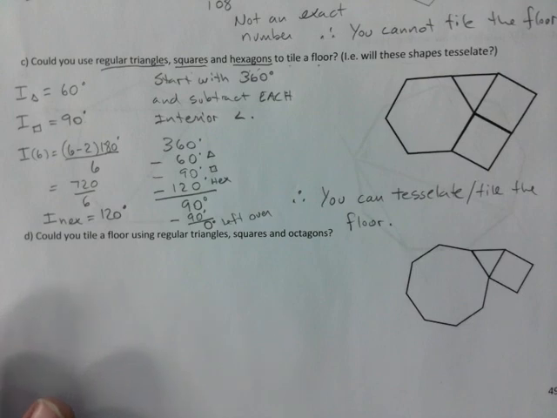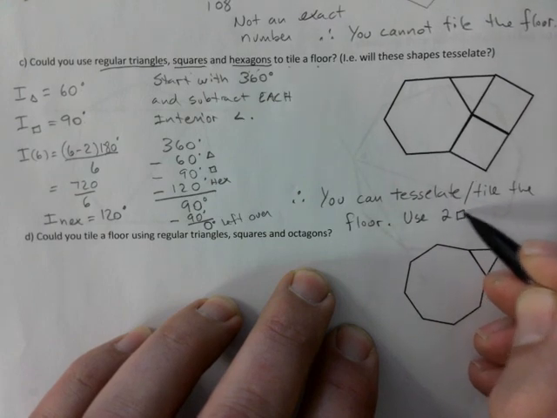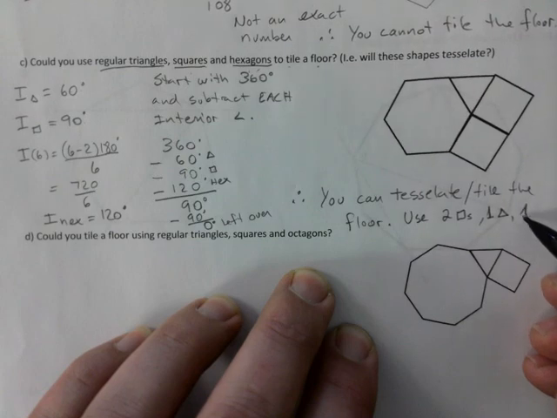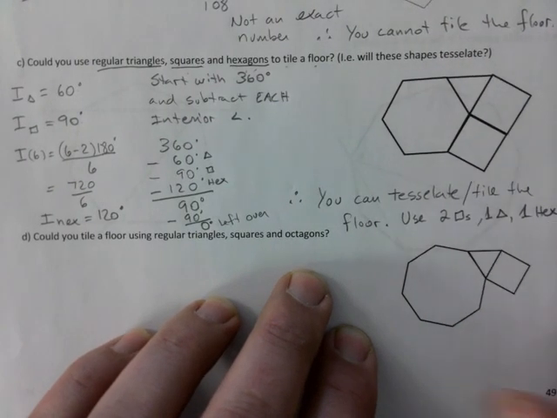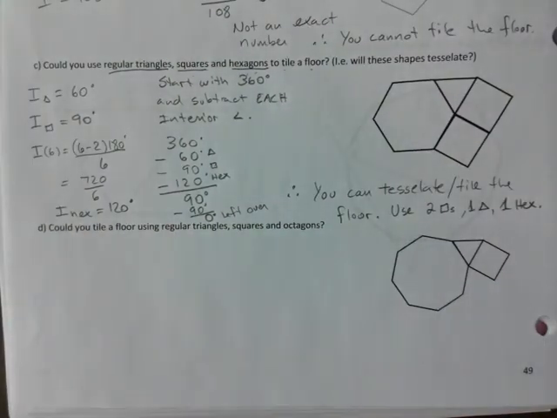I usually ask you to give me the combination, right? Use 2 squares, 1 triangle, 1 hexagon. So if you use that combination every single time, you will be able to tile the floor. And while you're starting the quiz, it's a mock quiz, so don't get all excited.